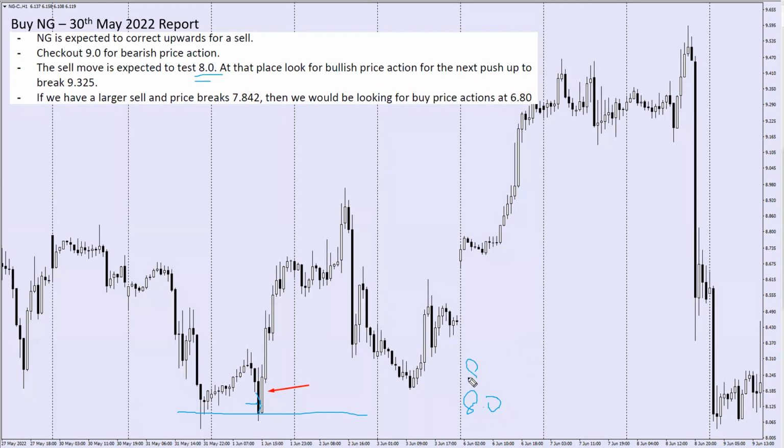Then what you need to do is look at 8.2 or 7.8, right? 20 cents for the natural gas. So anywhere between 8.2 and 7.8, you see this candle tip over here.